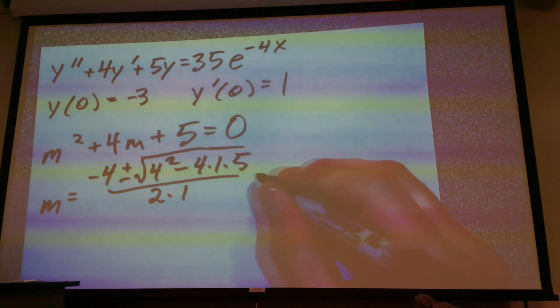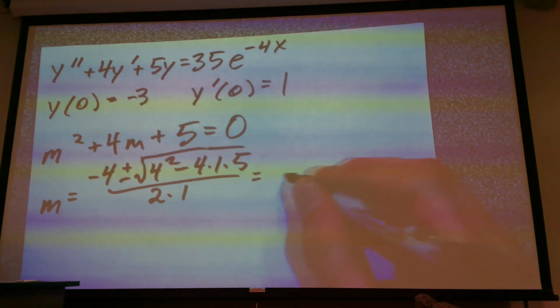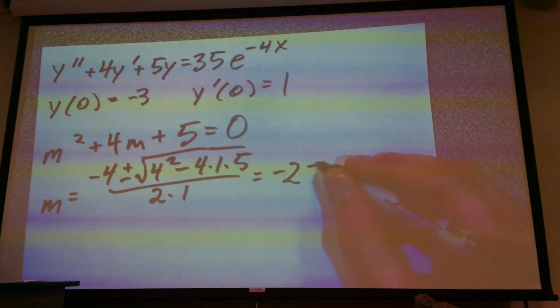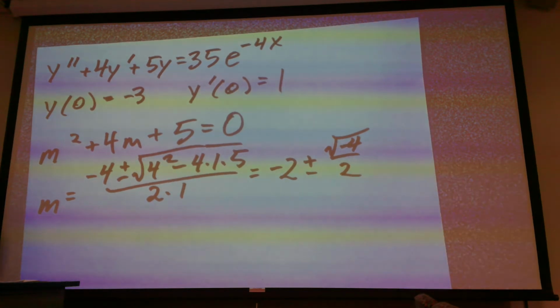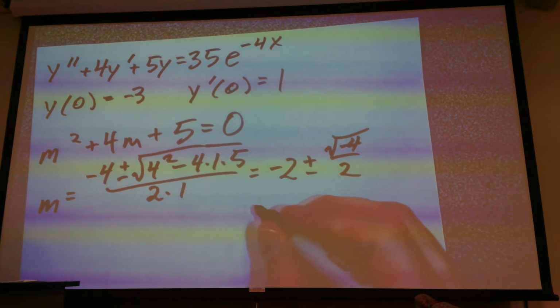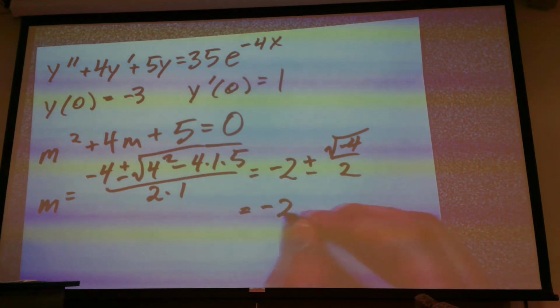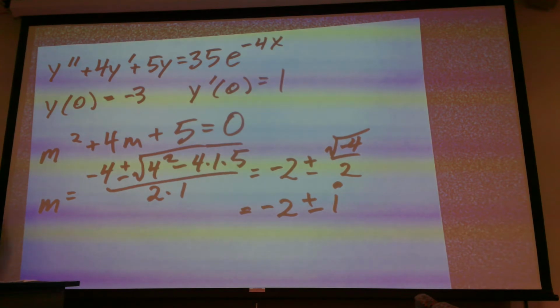I'll do it in 2 steps. So this is going to be negative 2 plus or minus the square root of negative 4 divided by 2. But the square root of 4 is just 2. So this thing becomes negative 2 plus or minus i.